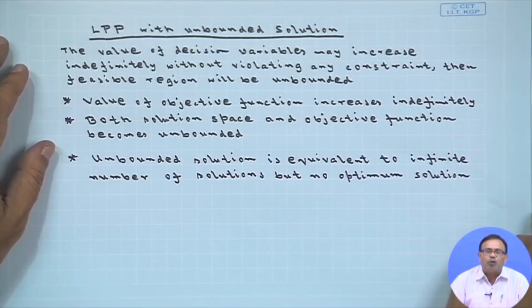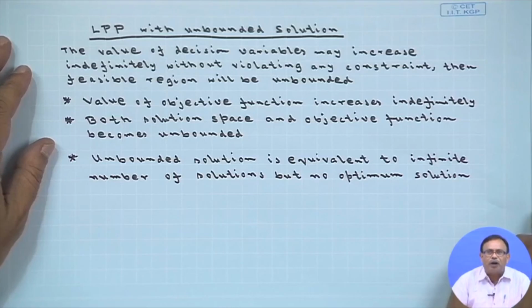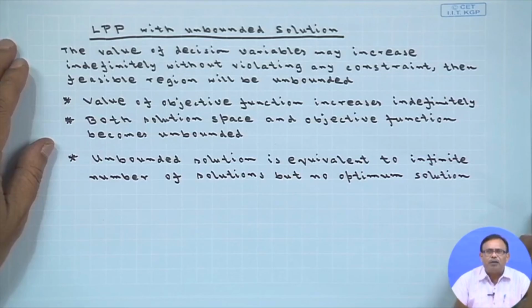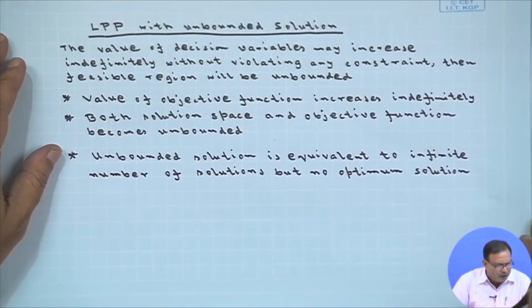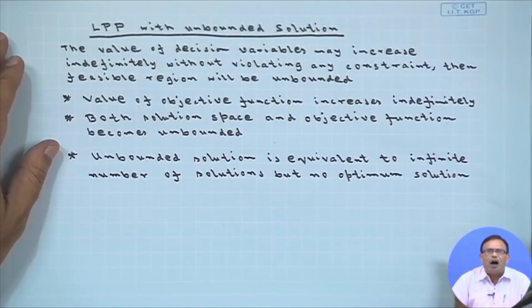Both the solution space and the objective function become unbounded, and an unbounded solution is equivalent to an infinite number of solutions but no optimum solution. Please note this one. If the feasible region is unbounded, you can obtain a number of solutions which satisfy your constraints, but you will not obtain the optimum solution. The examples are given earlier.